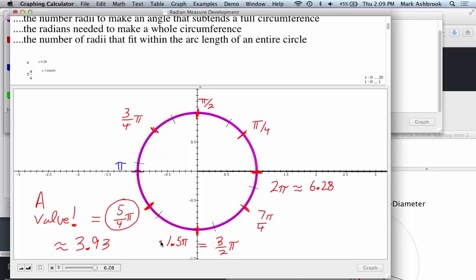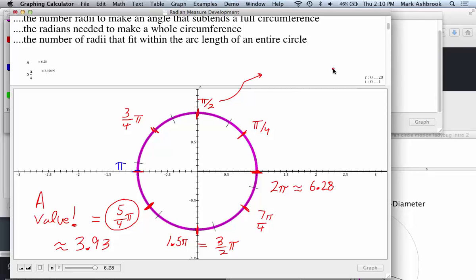Okay, so let's say, one more time, pi over 2. Just a quick estimation of what pi over 2 would be. Jonathan, what value is pi over 2? No calculator.